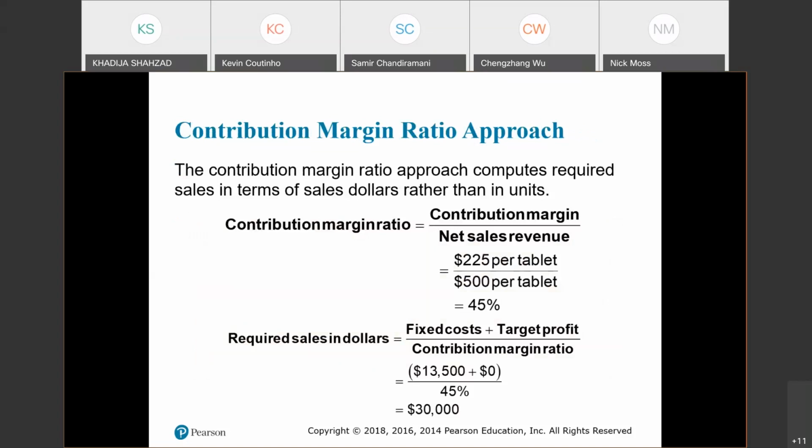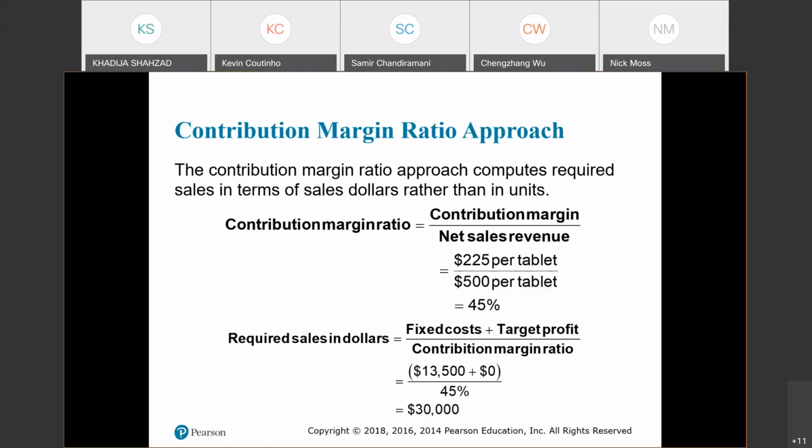Companies can use the contribution margin ratio approach to compute the required sales in terms of sales dollars rather than in units. The formula is the same as when using the contribution margin approach, except that the denominator is the contribution margin ratio rather than contribution margin per unit.